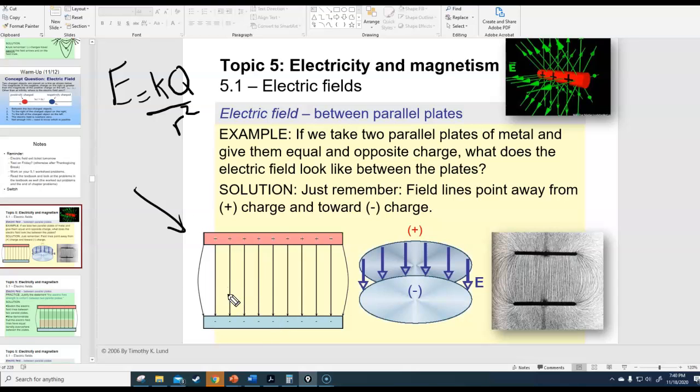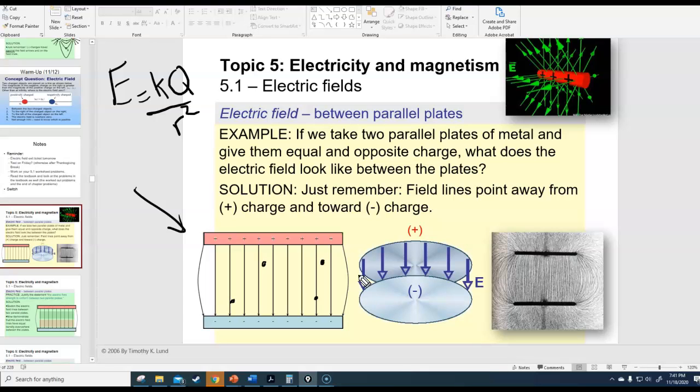It's kind of hard to see maybe, but these are all arrows pointing down, and you can tell based off of how they're uniformly spaced that the electric field is uniform everywhere in between the plates. Okay, so that means if I measure the electric field here or here or here or here, I would get the same magnitude of the electric field at all those points in space.